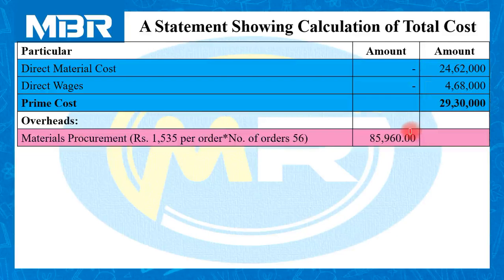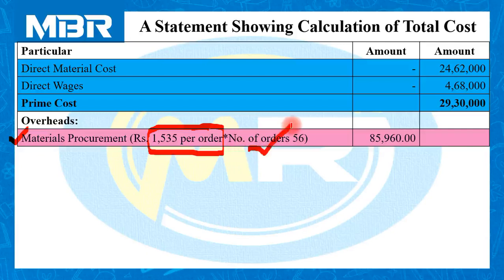And as we know that overheads are classified based on different activities. The first overheads are related to material procurement. As per our calculation of cost driver rate, it is rupees 1535 per order. You can check last part of the question.